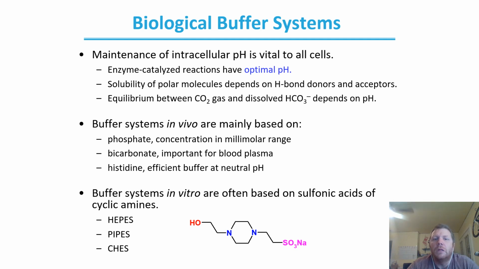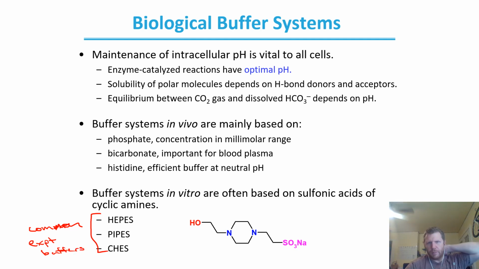Okay, so the last thing is buffered systems in vitro are generally based on sulfonic acids of cyclic amines. Okay, so HEPES, PIPES, and CHES. These are common experimental buffers.